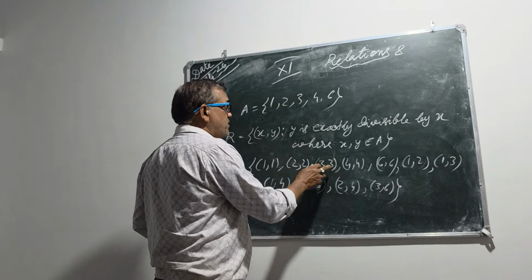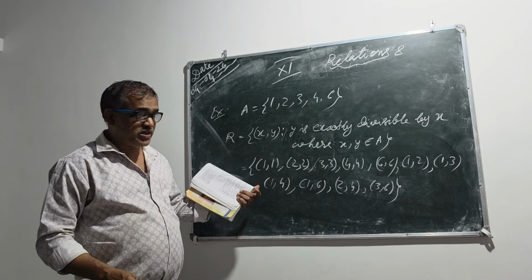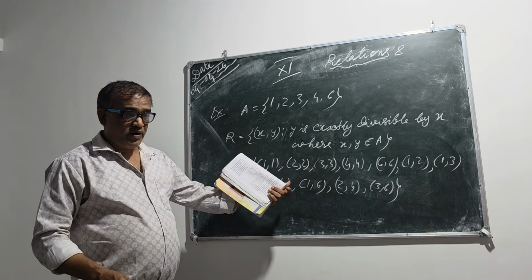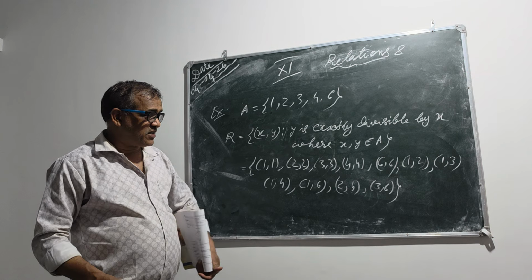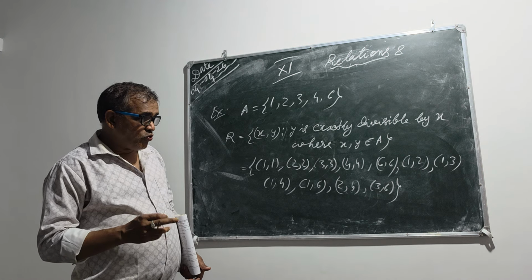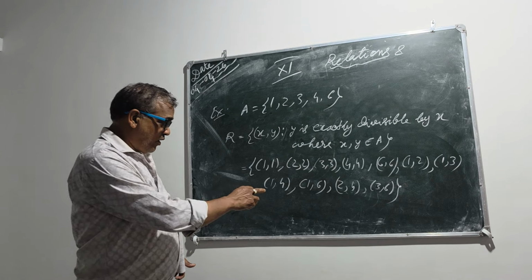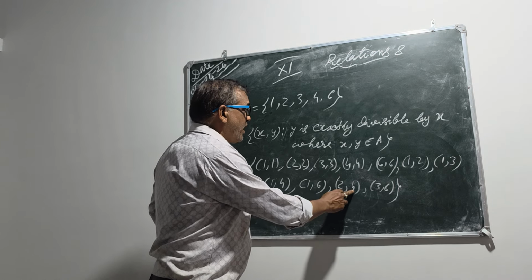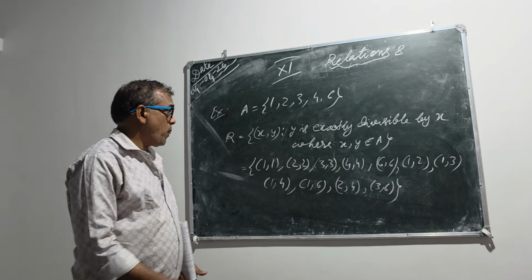Y is exactly divisible by x because 1 is divisible by 1 itself, 2 by 2 itself, 3 by 3 itself, 4 by 4 itself, and 6 by 6 itself. Again for (1, 2), 2 is divisible by 1, 3 by 1, 4 by 1, and 6 by 1. Again, 4 is divisible by 2, 6 by 3.